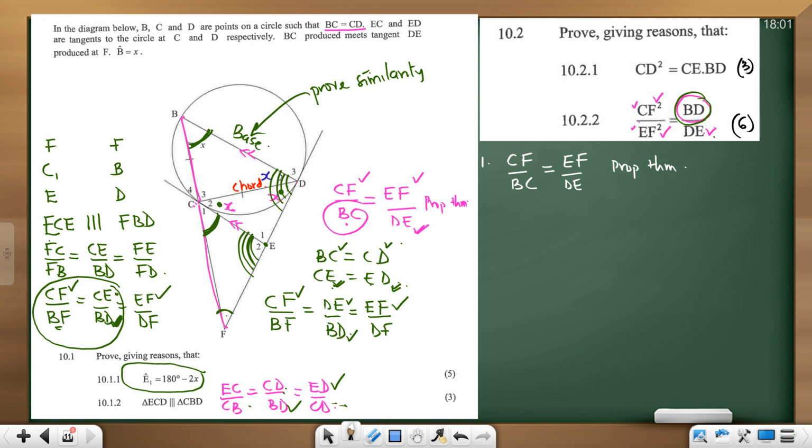Then we came from similarity. We have CF over BF, which is equal to what? CE over BD, and that is equal to EF over DF.